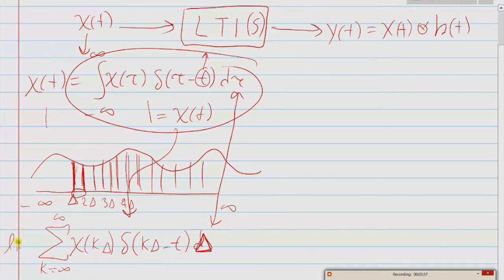And of course, as delta goes to 0, you get the integral of this function.